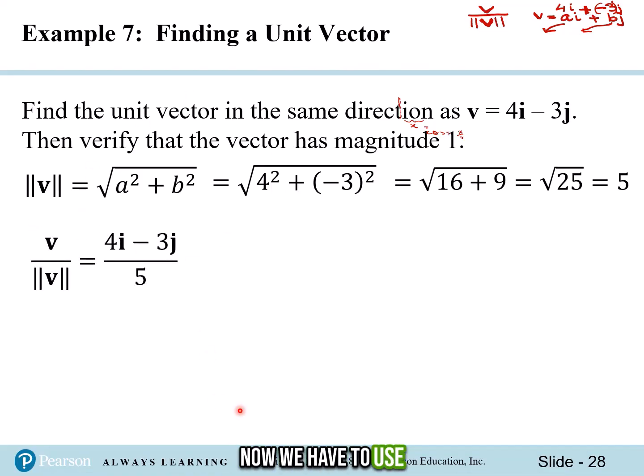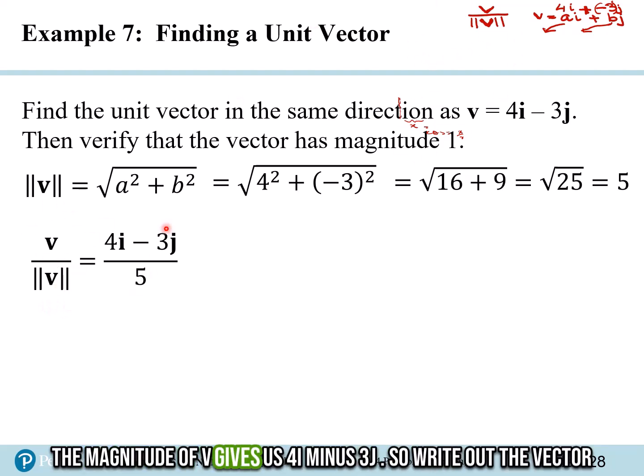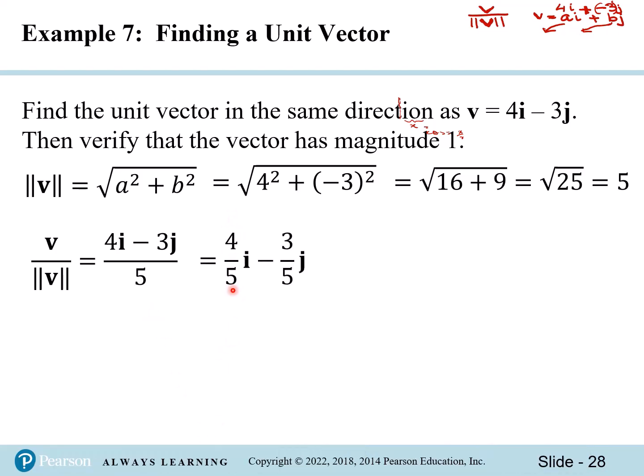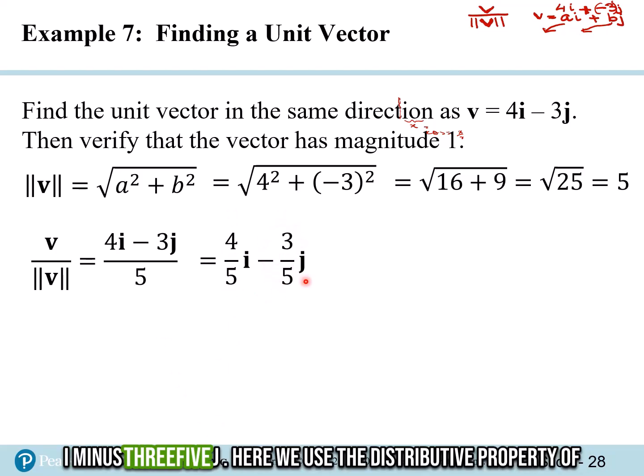Now we have to use the magnitude in the formula. So v divided by the magnitude of v gives us 4i minus 3j. So write out the vector exactly as given and divide it by 5, and you will end up with 4/5 i minus 3/5 j. Here we use the distributive property of multiplication.